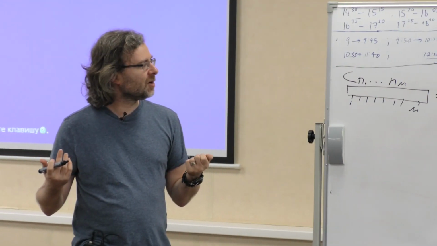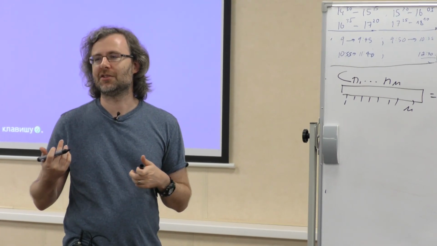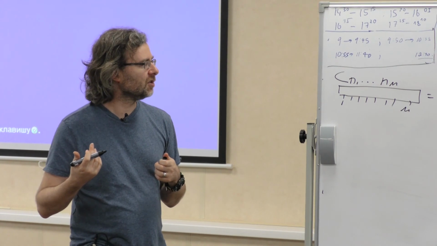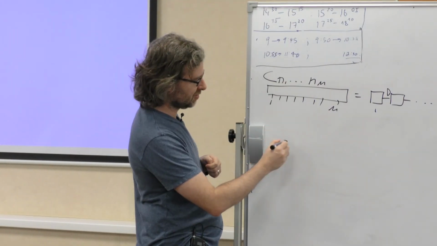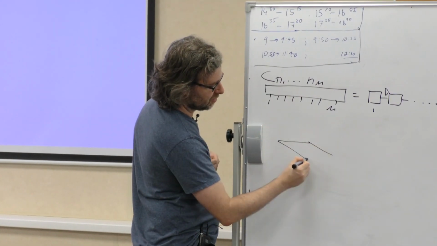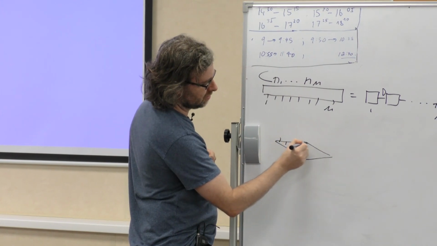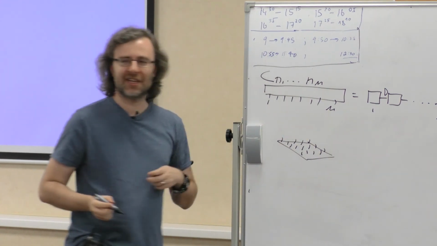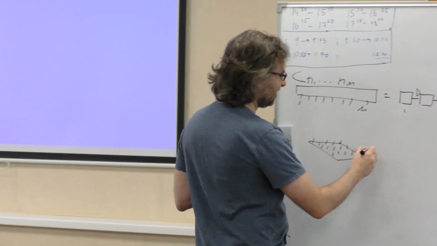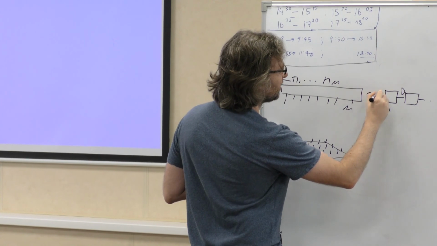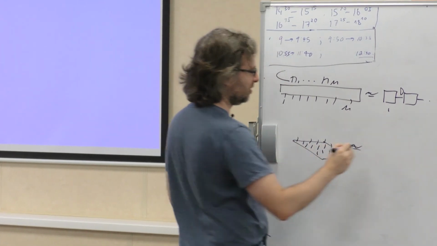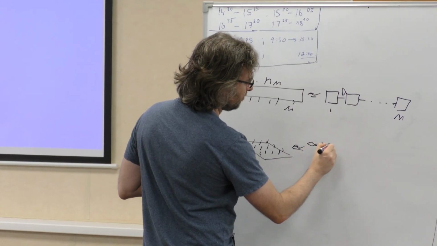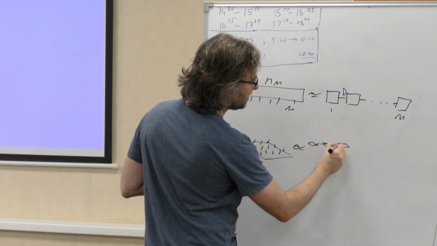But then you can say, suppose I now have a two-dimensional system. What do I do then? It's sort of hard to draw, but I could draw something like this, with a bunch of lines coming in on a grid. And then I should really write this as approximately equals. Okay, I'll try to do this.